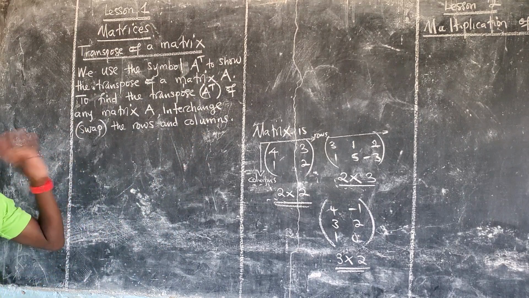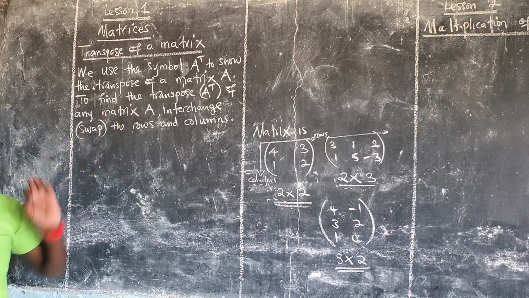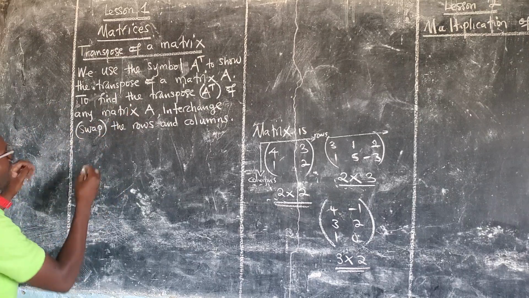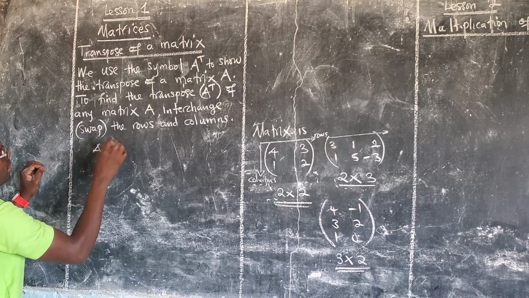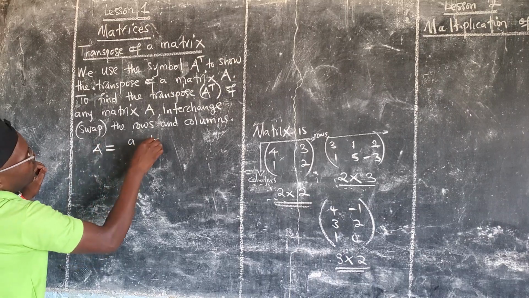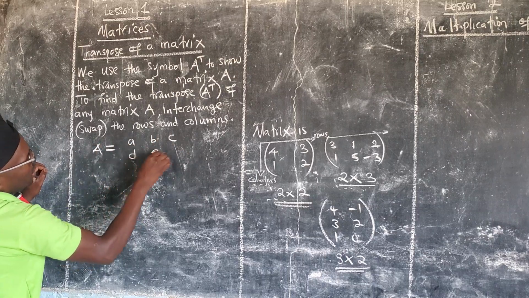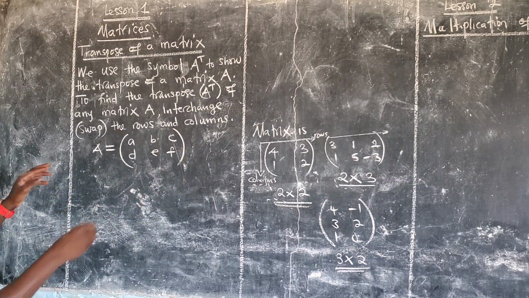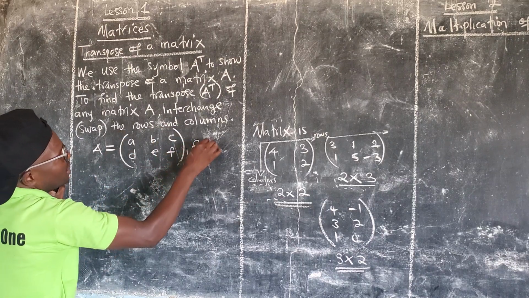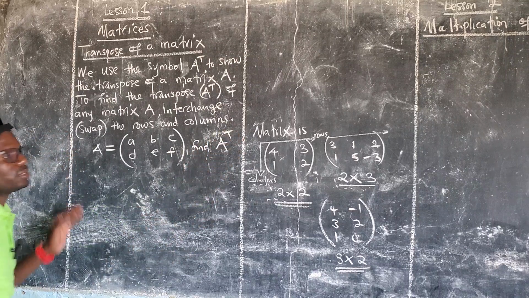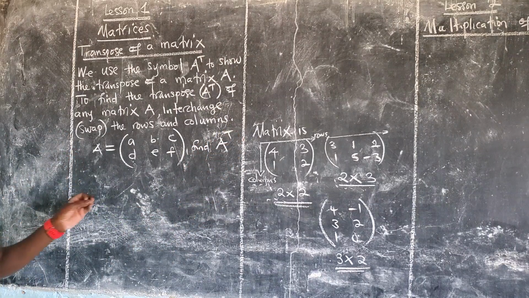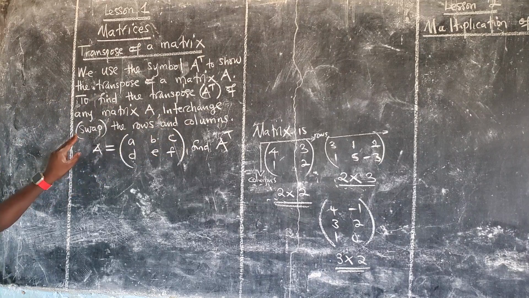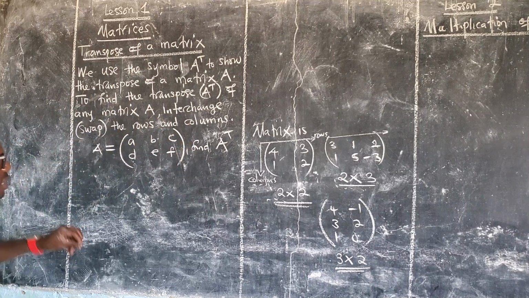In paper 1 mathematics, there's always a question about the transpose. For example, let A be the matrix with rows A, B, C and D, E, F. This is our matrix, and they ask you to find the transpose. What did we say about the transpose? You swap the rows and the columns.